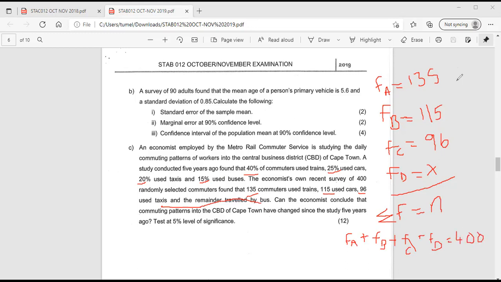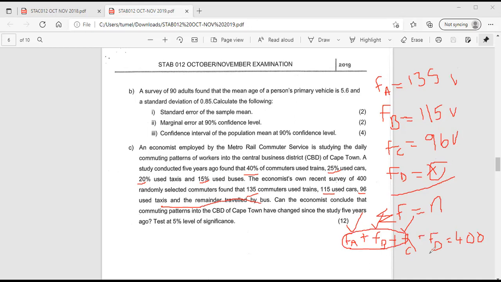But when you add this and this and this, you don't get 400, meaning that something is missing and it's for this. So you will take this, it's given, this is also given, this is also given. You add all of them together, you get the answer plus FD.